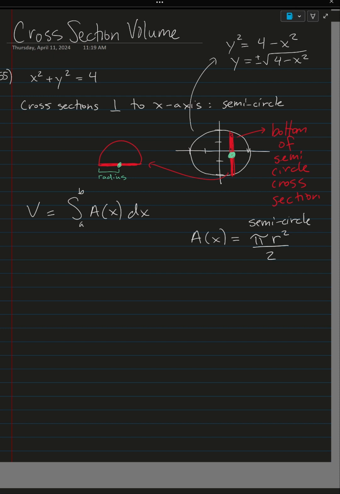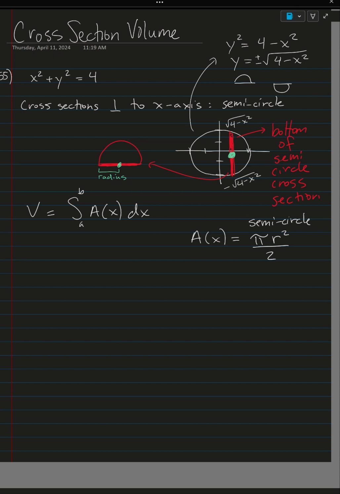The plus version is the upper half, and the minus version is the lower half of the circle. If we did need that entire diameter, you could do upper minus lower, the positive version minus the negative version.